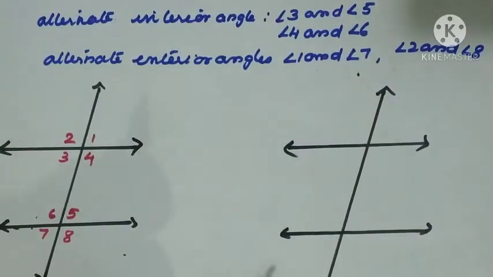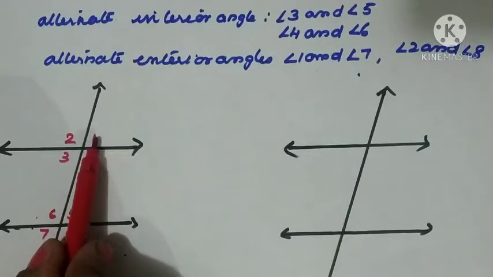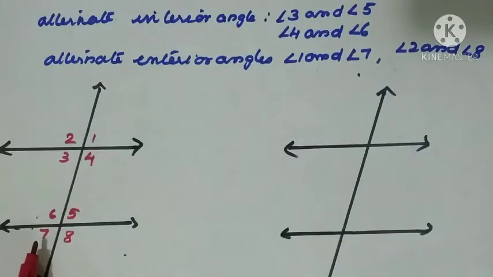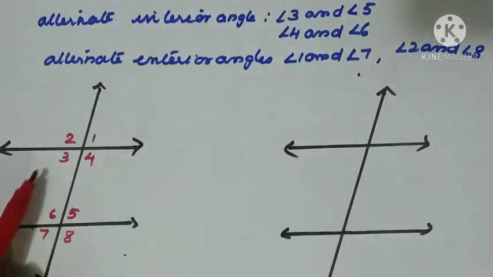Now we can learn another concept, that is alternate exterior angles. When we are talking about angle 1, which is on the right side, the left side exterior angle we should tell is angle 7. Similarly, one more pair is there, angle 2 and angle 8.